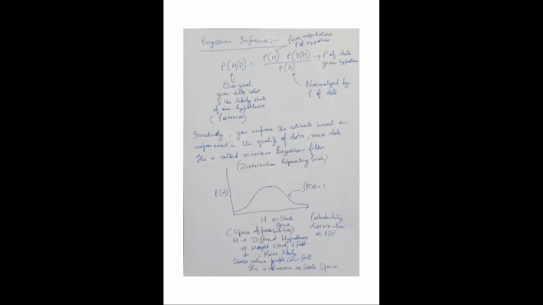How many? What is the distribution? That means you are able to distinguish different states of the hypothesis with distribution. So therefore, this is also known as state space. This H, or the hypothesis, is also known as the state space. And this is the probability distribution of this term, which is a priori probability.